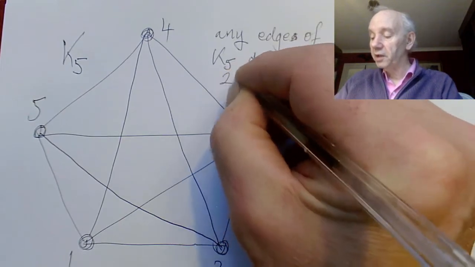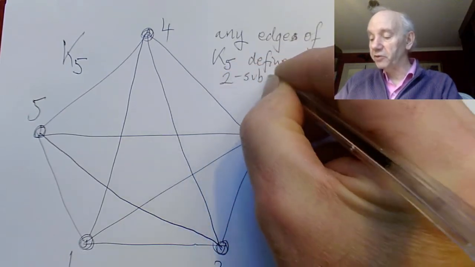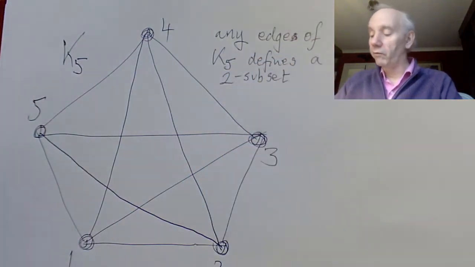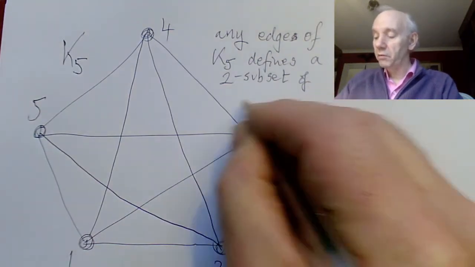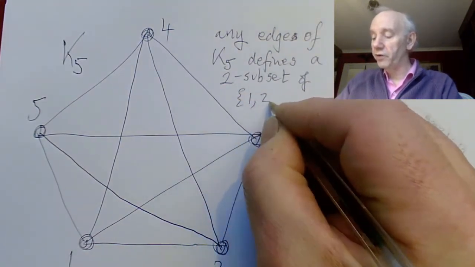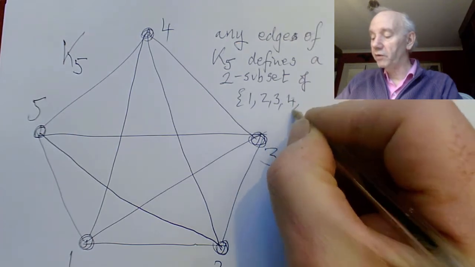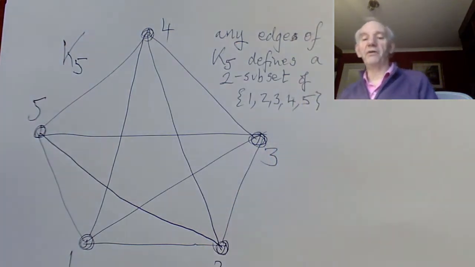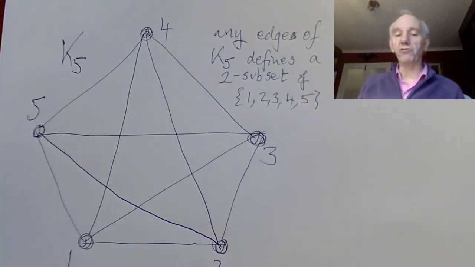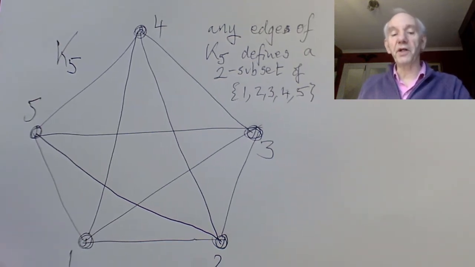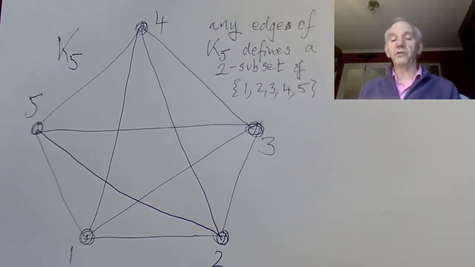That's just a neat way of saying a subset with 2 elements of the set 1, 2, 3, 4, 5. Because that's how we think of the edge of a simple graph. We just have to choose 2 vertices to define the edge. The point is, for K5, we can take any subset because we include all possible edges joining any 2 vertices.